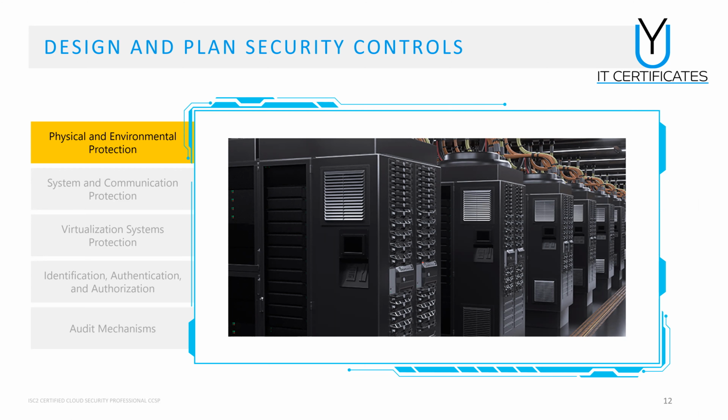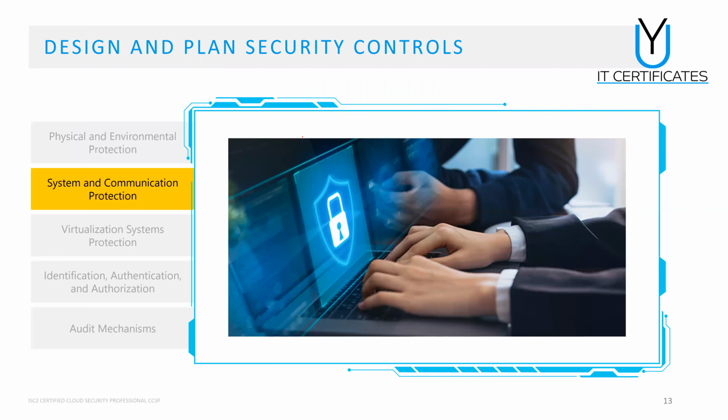The second issue for the protection is system and communication protection. It is again important because these are the devices which you have to protect, and also the communication as well. Whatever systems are hosted in the data center, such as servers, storage, hardware, software, and so on, must be protected and have the appropriate controls.